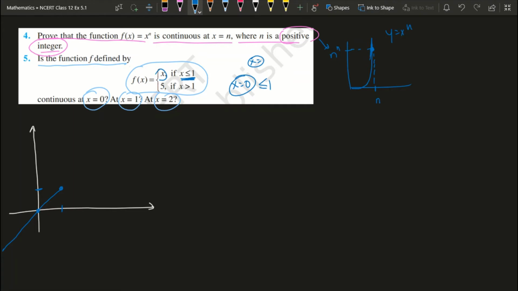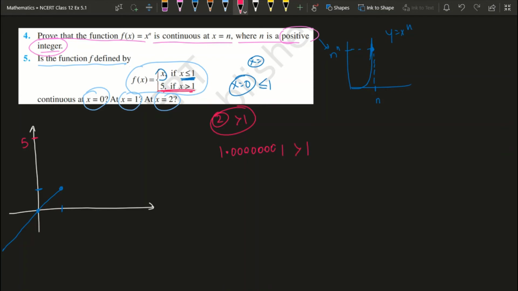For numbers above 1, so let's say you put in x equals 2, then 2 is greater than 1, so you have to take this part of the function. So in this case, let's say 5 lies here. Not only 2, but a number like 1.000001 is also greater than 1.